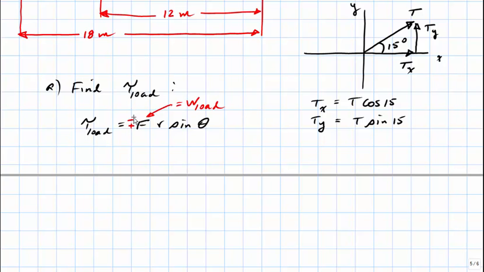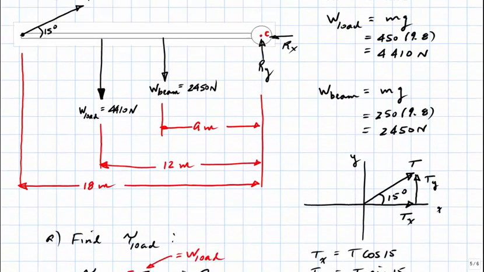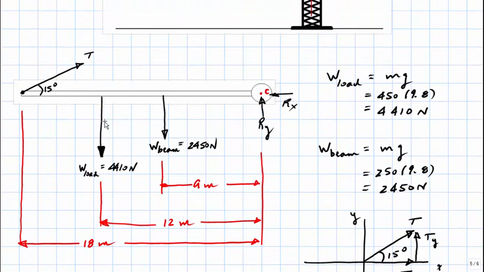In order to make this determination, let's see what the load does to the beam. Here's the load, and as you can see, the load tends to push the beam in this direction. The beam, of course, is free to rotate about this center of rotation, and if we apply this force, the beam would rotate in a counterclockwise direction, right? If this beam was free to rotate, the load would cause this type of rotation, and this type of rotation is a counterclockwise rotation.